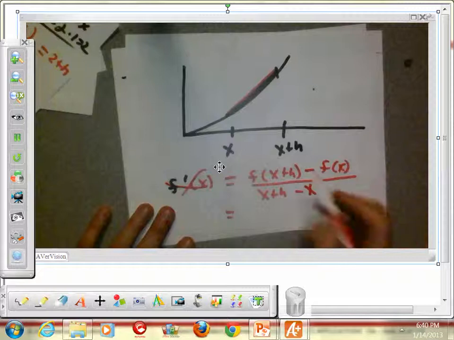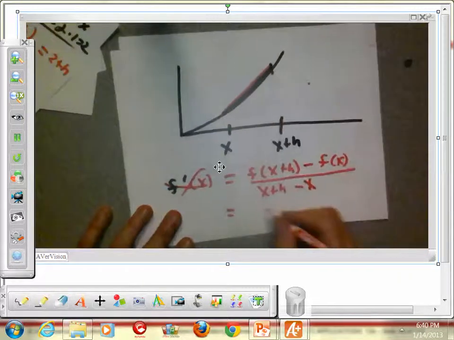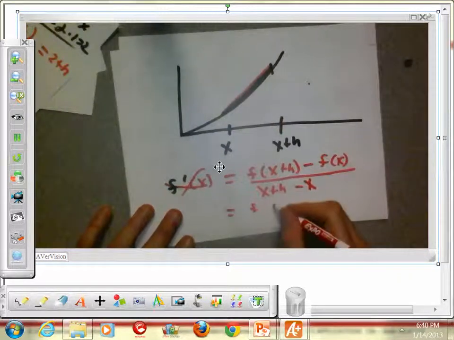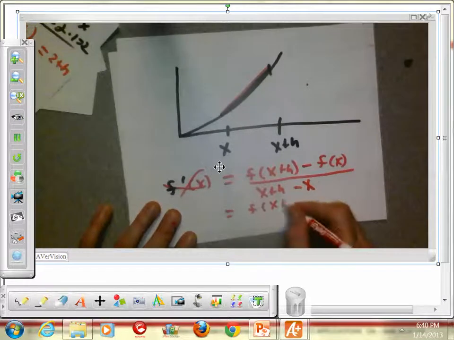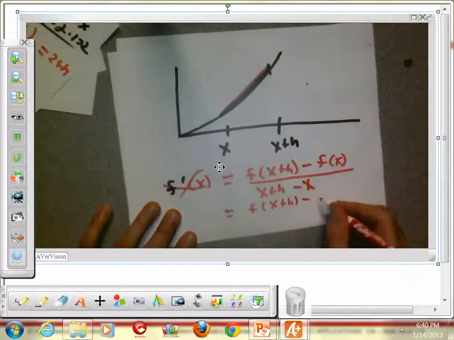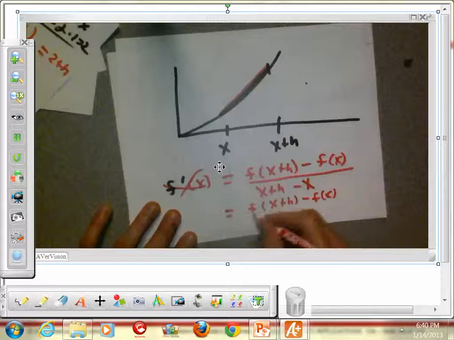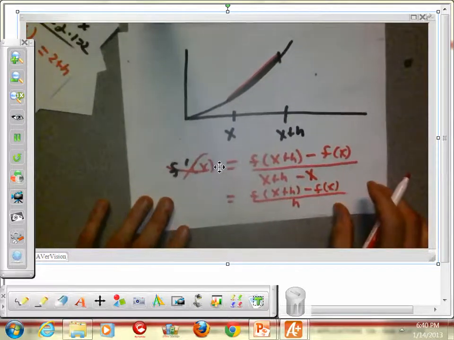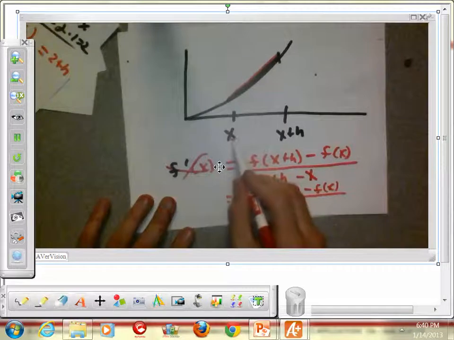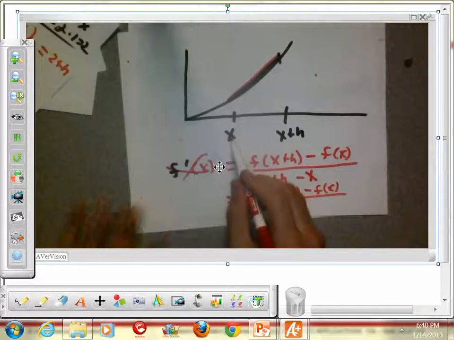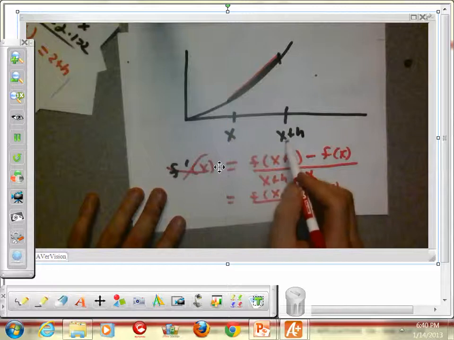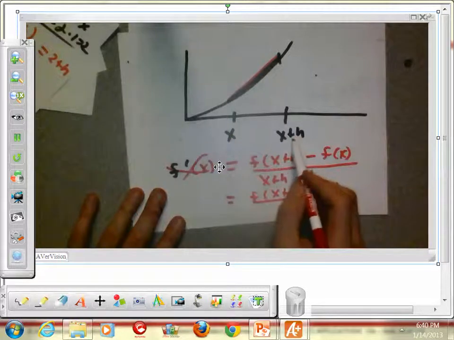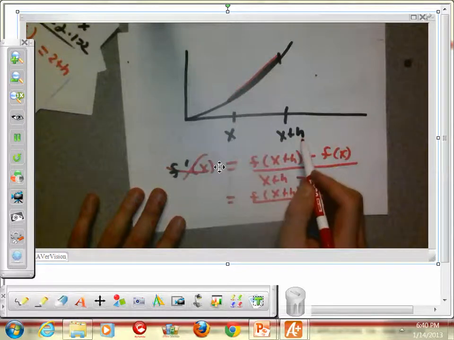But the slope of this line over here, the x's cancel, and we wind up with f of x plus h minus f of x, and just an h on the bottom. So that's where it comes from. It means taking the x value that you fix, where you want to know the slope of the curve, and picking another value on the x line that's h units away from this value.